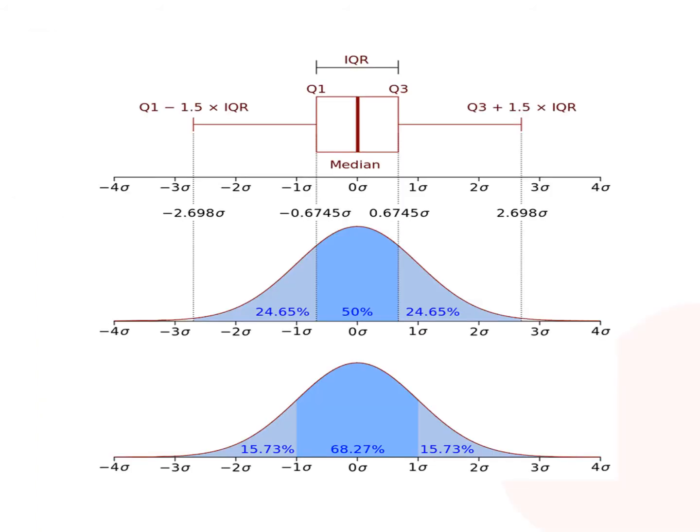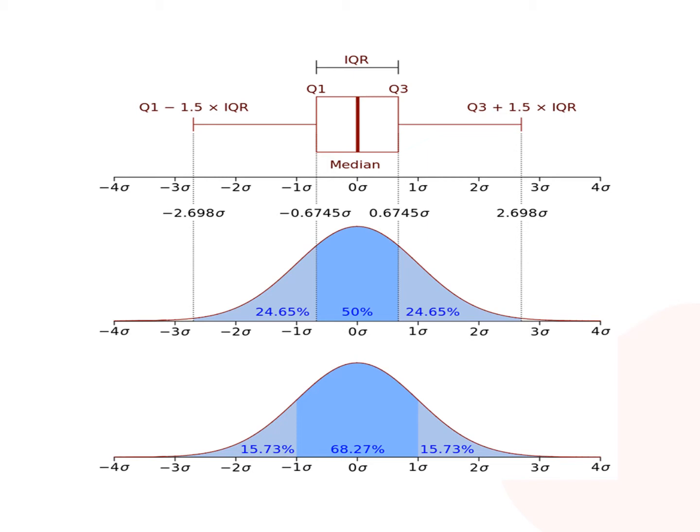So this is what I was telling you guys a while ago, that our percentile consists of 4 quartiles. Remember, guys, that your quartile 1 separates the first and second quarter. Quartile 2 separates the second and the third quarter, and quartile 3 separates the third and the fourth quarter.